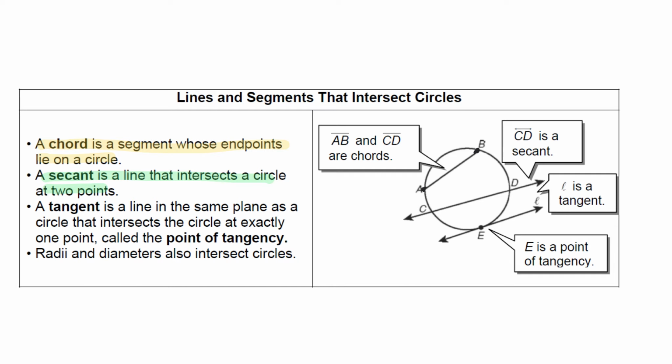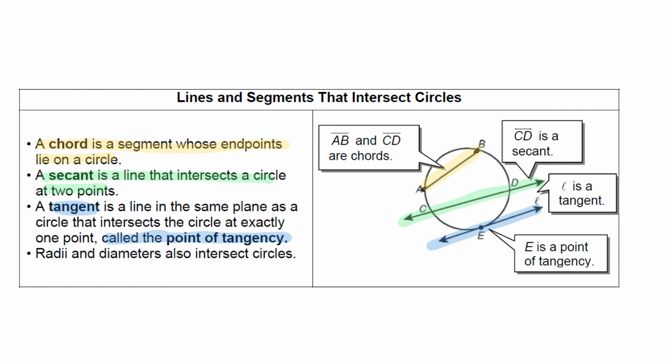So we can see over here, we've got these highlighted in yellow. That is our example of a chord. And then our secant line, again, passes right through. Touches two edges, but passes right through. And then the last one is the tangent line. We did see a picture of this, but that is our tangent line. And in other words, you see that intersection is called the point of tangency.